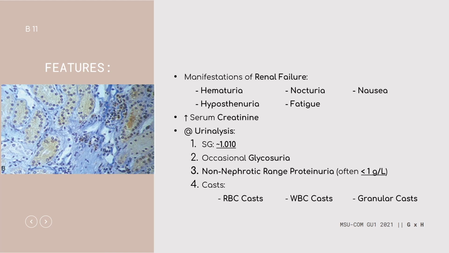Urinalysis may also reveal non-nephrotic range proteinuria and the presence of RBC casts, white blood cell casts, or granular casts. On biopsy, chronic interstitial nephritis is manifested by interstitial fibrosis with patchy mononuclear cell infiltration and widespread tubular atrophy, luminal dilation, and thickening of tubular basement membrane.